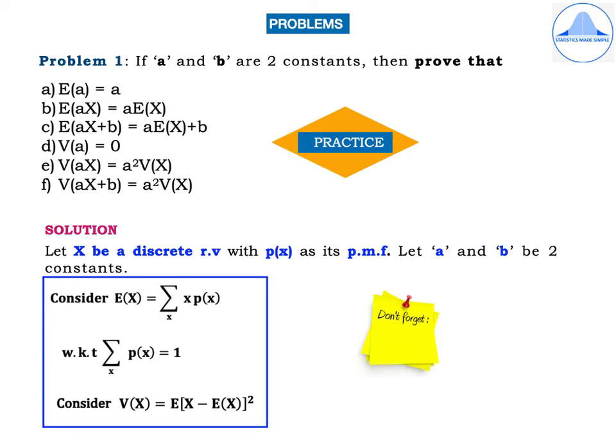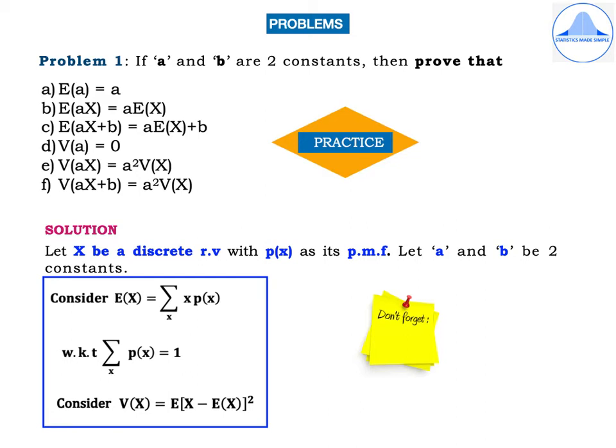Starting with the solution, let us first list down all the information that is required to prove the 6 results. So start by saying let X be a discrete random variable. Now the word discrete is very important because only if the random variable is discrete, the probability associated with it is called the probability mass function, which is denoted by P of x.